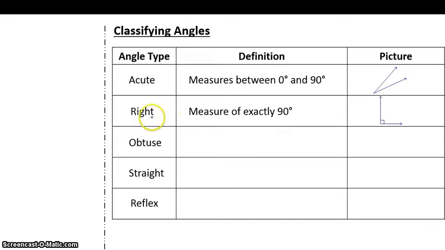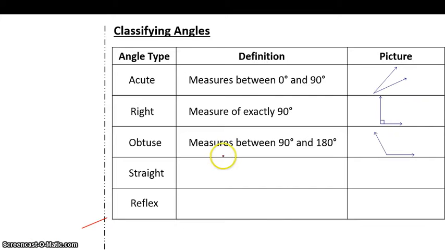A right angle has a measure of exactly 90 degrees. It's not 90.1 or 89.9999. It is exactly 90 degrees. And so how the book will show you that, or if I ask you to draw a right angle, how you need to show me that is you have to put the box in there. Okay, so that box signifies that it is a perfect right angle. It's 90 degrees exactly.